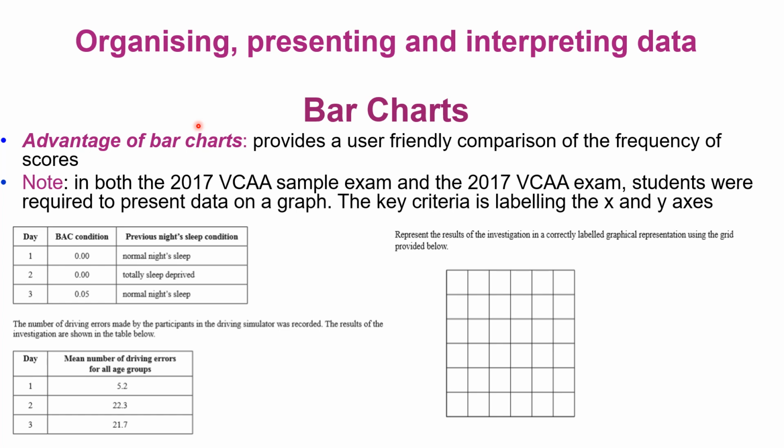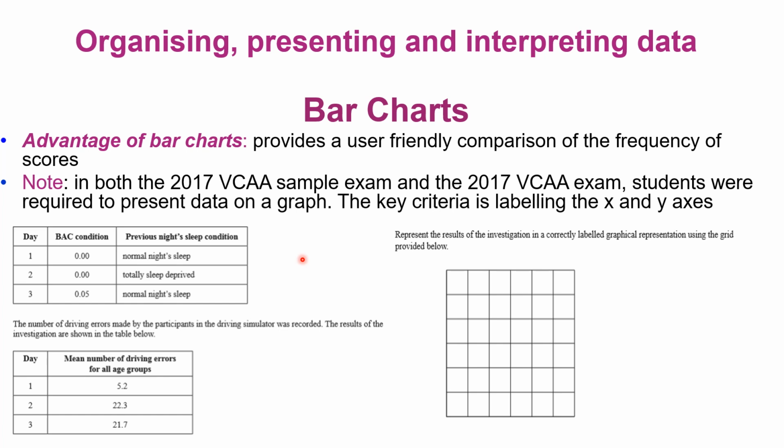So we just needed to say that it's an effective way of demonstrating the frequency of scores. Then we were given just a blank graph like this with a grid, and we're given some statistical information here.